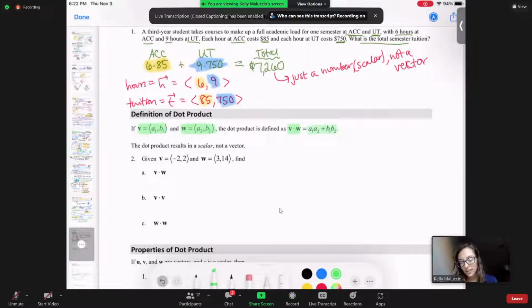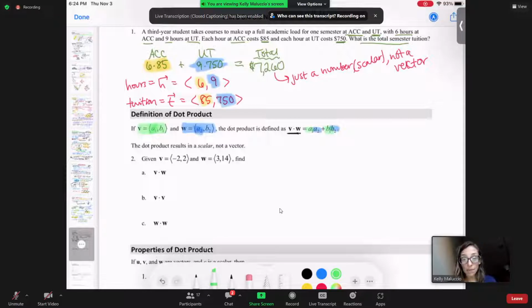So I take the first component A1 from V, then the first component A2 from W, multiply them, right? Then I add, and I do the same thing with the second component of V and the second component of W. So this is the dot product.